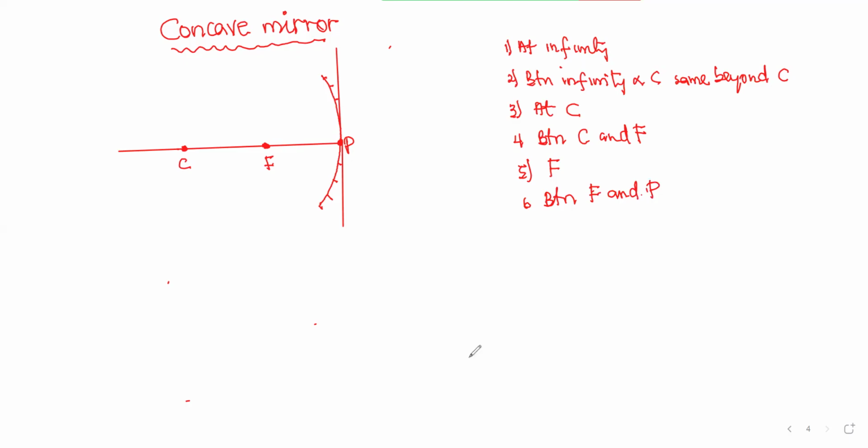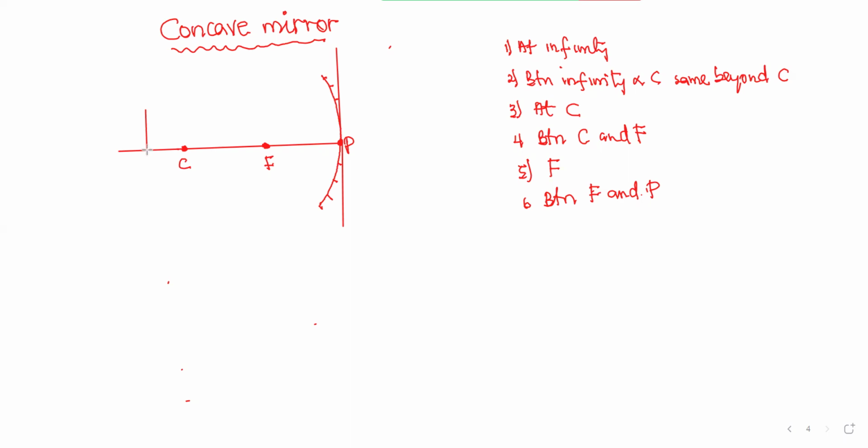Okay, so we'll take it one after the other and use ray diagram to describe how the image will be formed. So I'll first place the object beyond C or between infinity and C. I wouldn't start with infinity because I'm just starting and you wouldn't understand it so well.